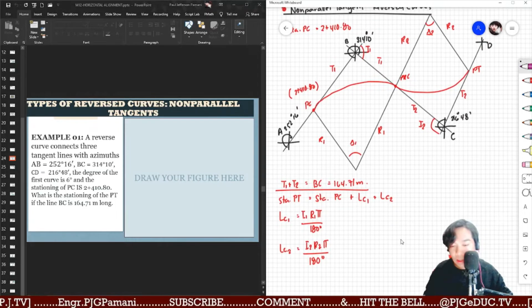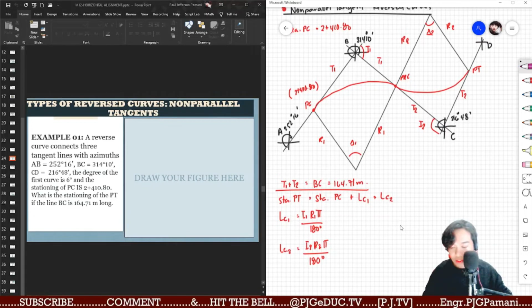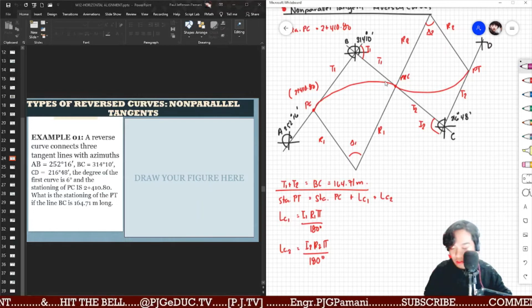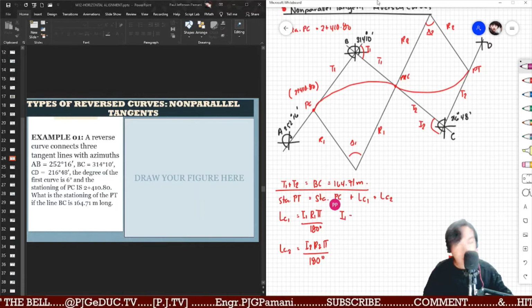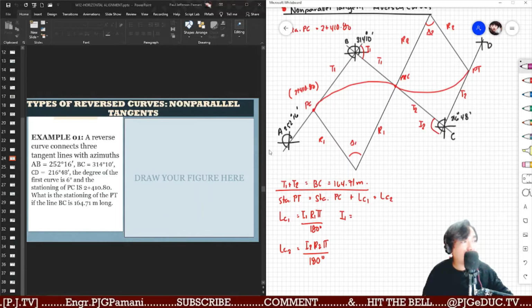Okay. So from that, let us first analyze the figure for us to solve for the angle of intersection of the first curve and the second curve. Angle of intersection for the first curve: notice that line AB has an azimuth of 252.